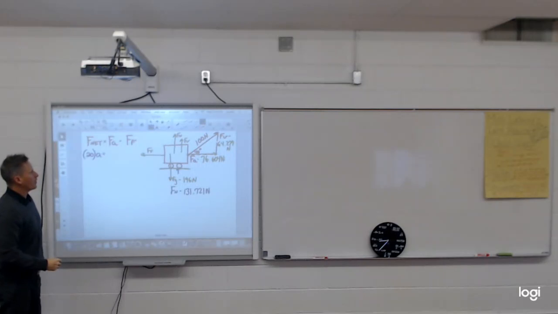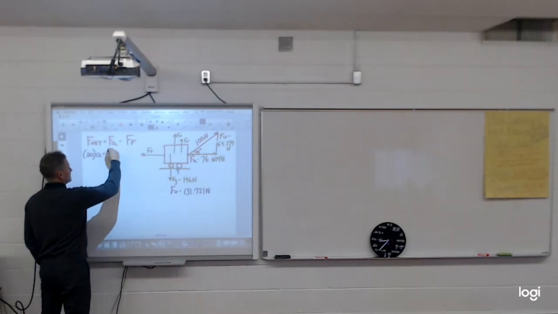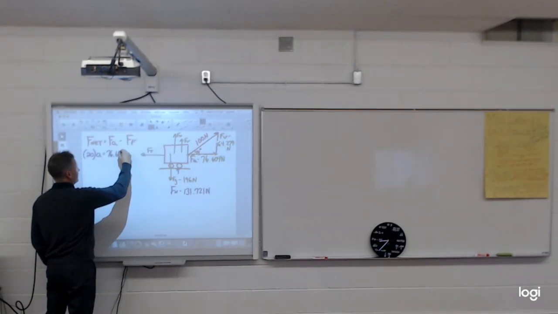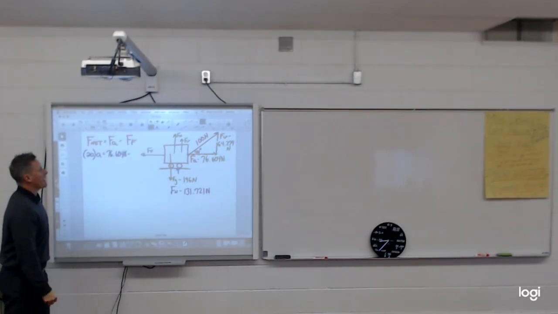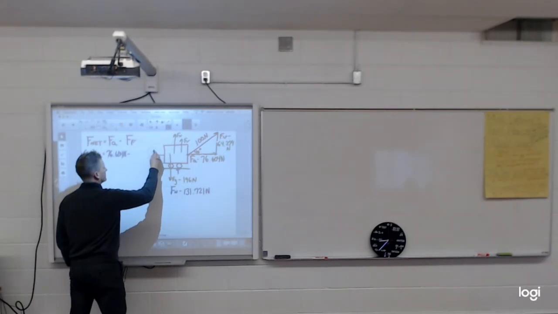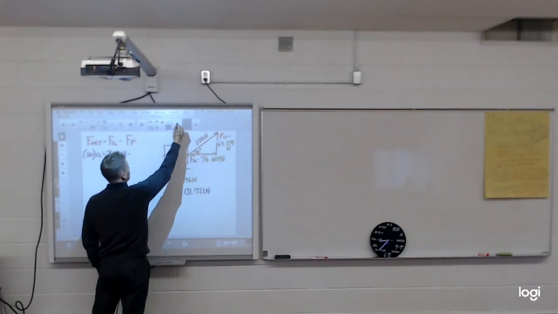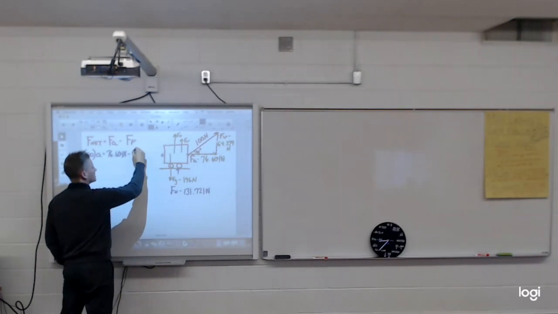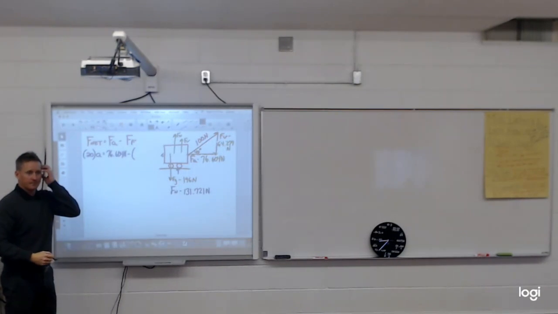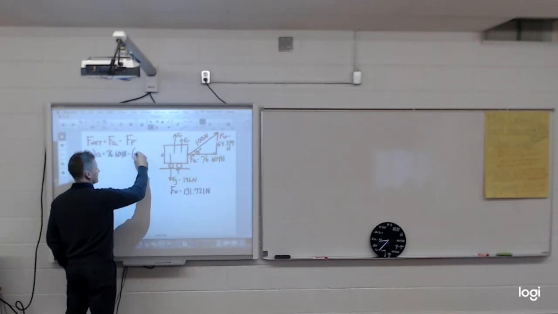My applied force in this question is 76.604, and I have to subtract my force of friction. My force of friction comes from my normal force, which I calculated to be 131.721.